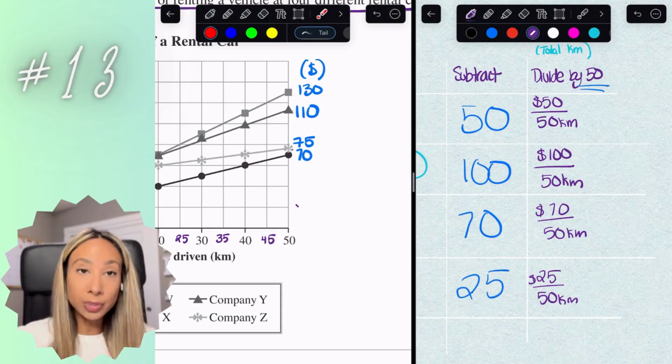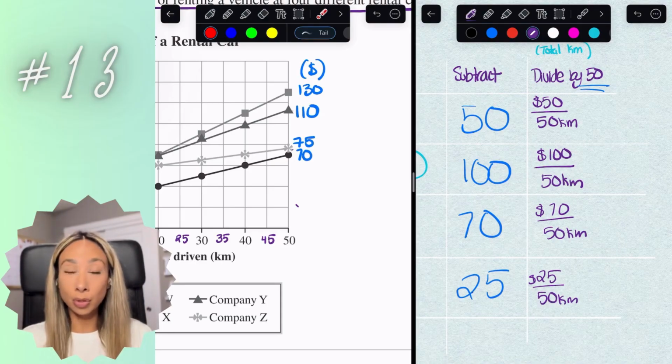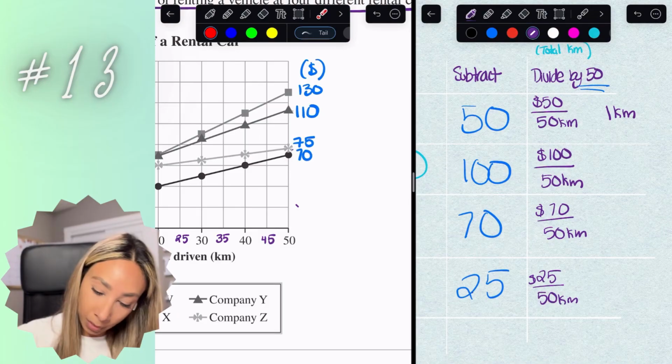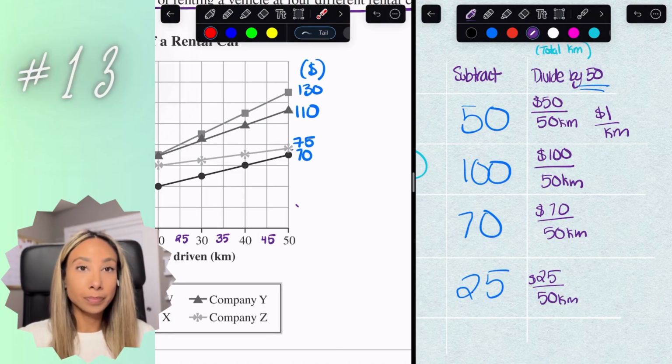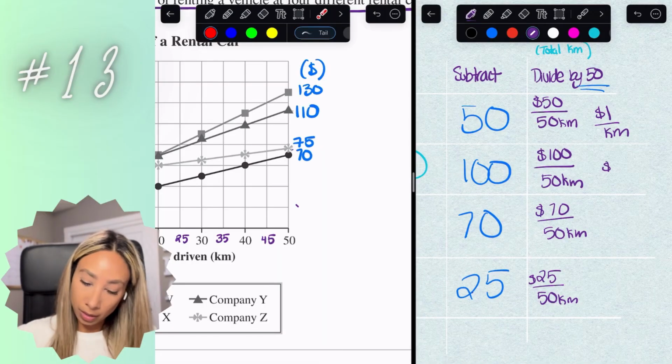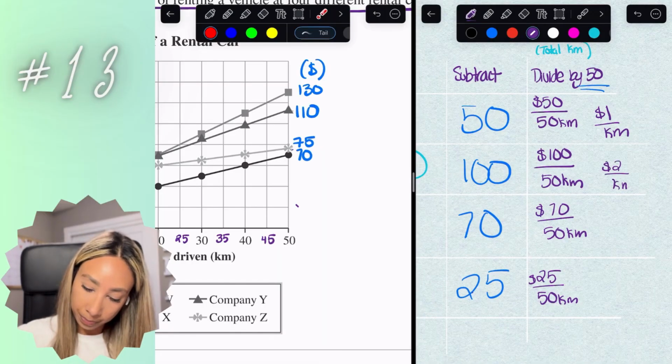So we can punch that in using a calculator to get our actual kilometers driven. So this one is just going to be $1 per kilometer driven. This one is going to be $2 per kilometer driven.